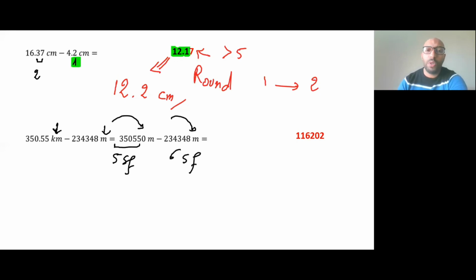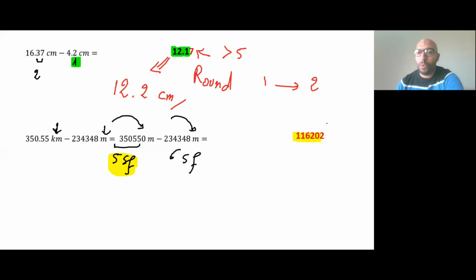So which one we will choose? We will choose 5 significant figures. This 0, it's not counted because it's a trailing 0, and we don't have any decimal point. Okay, so we can see here that 1, 2, 3, 4, 5 significant figures.